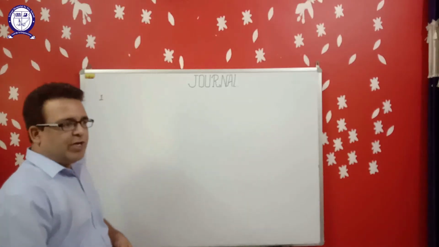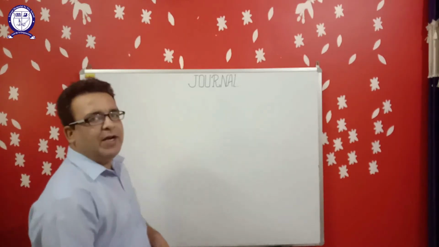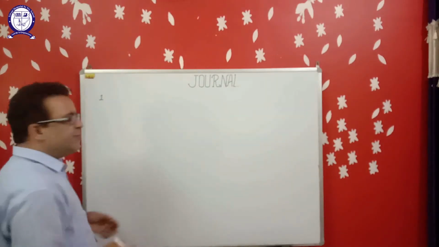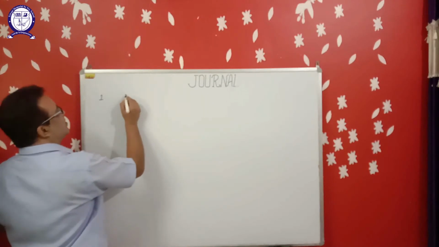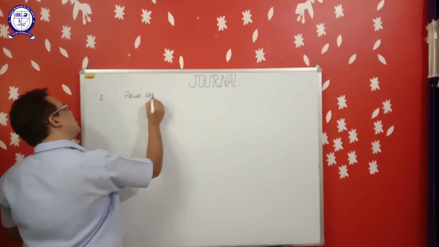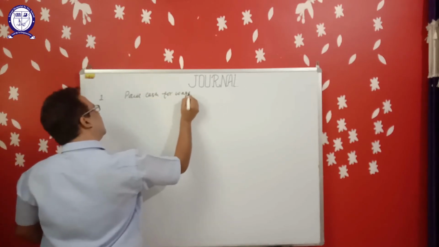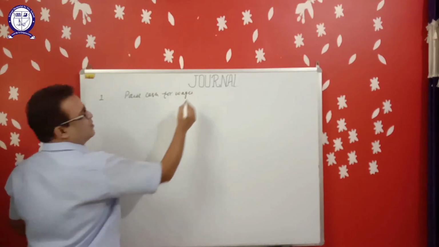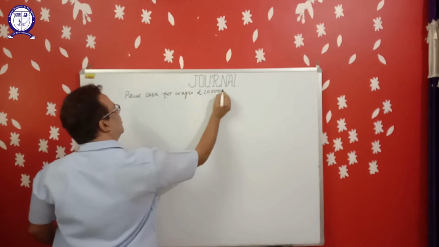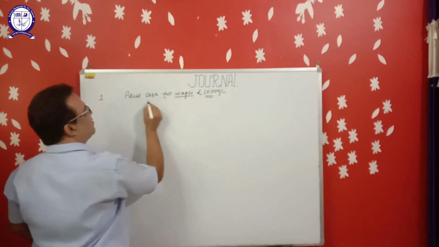Now some important entries which are done at the end of the year to find out the actual profit. So let us understand. Suppose paid cash for wages rupees 10,000. Very simple, we have already discussed this. Two accounts are affected here.